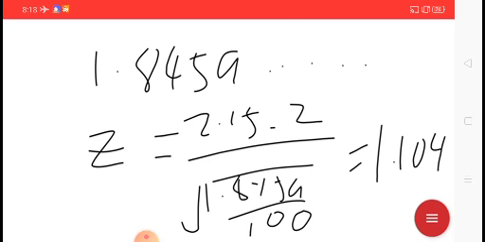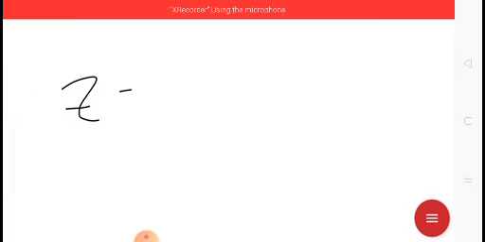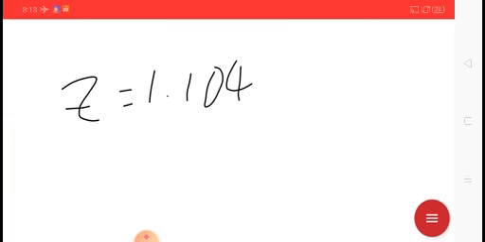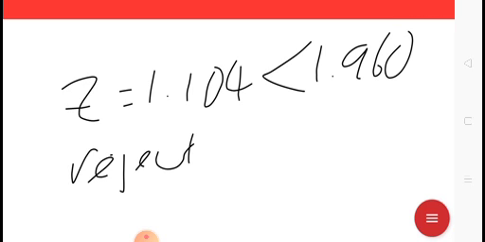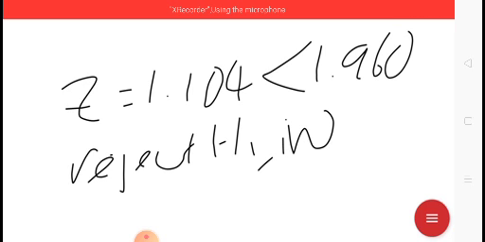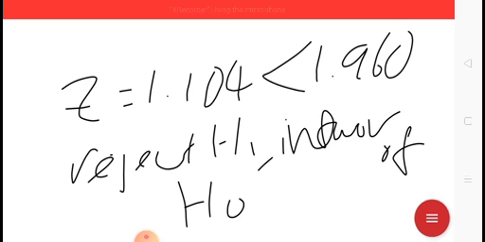Okay, part 4, state with a reason your conclusion for the test. So for this, you can say z is equal to 1.104 and is smaller than 1.96. If it is smaller than this, it means do not reject H0 in favor of H1.